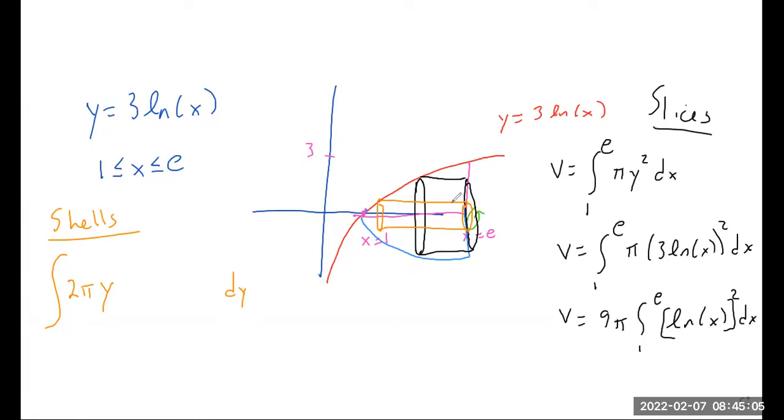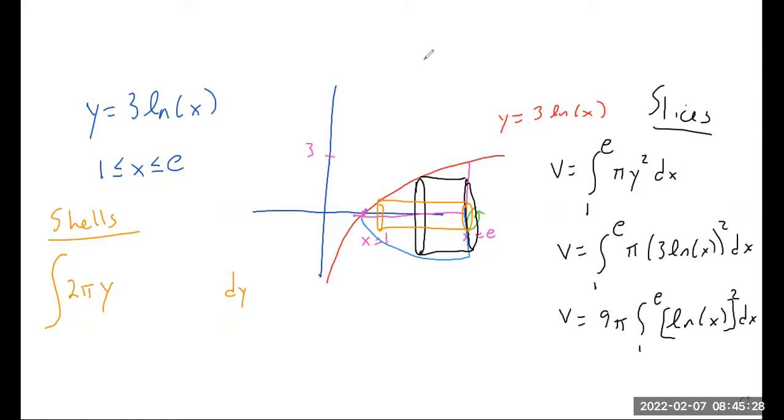Well, these shells, the rightmost is always on x equals e. And the leftmost is on the natural log, right? So we need to have the difference in those two, but we need the difference in their x's. We need these as functions of y.